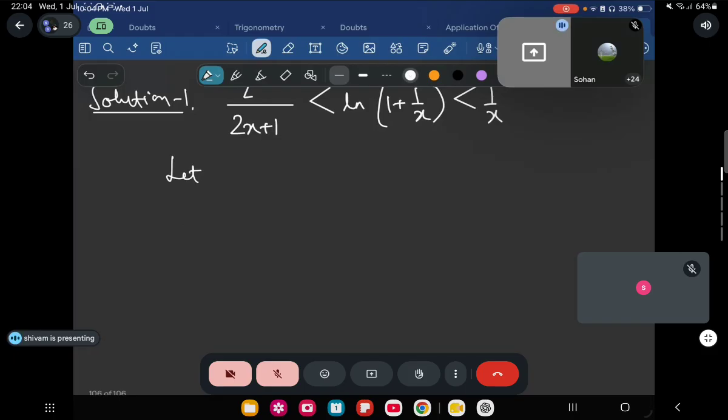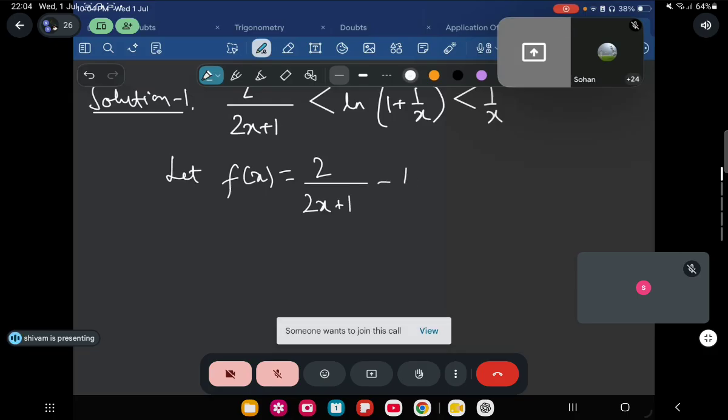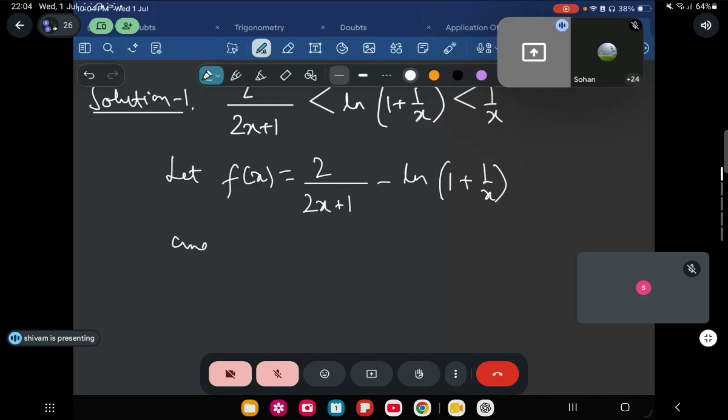Let f of x equal to 2 by 2x plus 1 minus ln 1 plus 1 by x. And I'm going to take g of x equal to ln 1 plus 1 by x minus 1 by x. Is it clear?